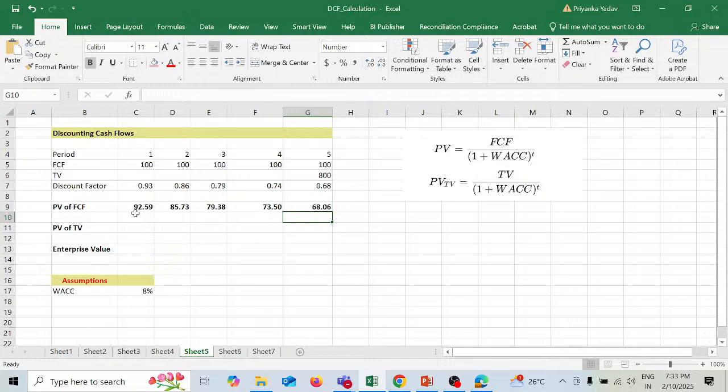You can see that the discounted value in the first year is greater than in the 5th year. This is what the whole discounted cash flow is based on: the value of money reduces as the number of years increases. Now we'll calculate the present value of the terminal value.